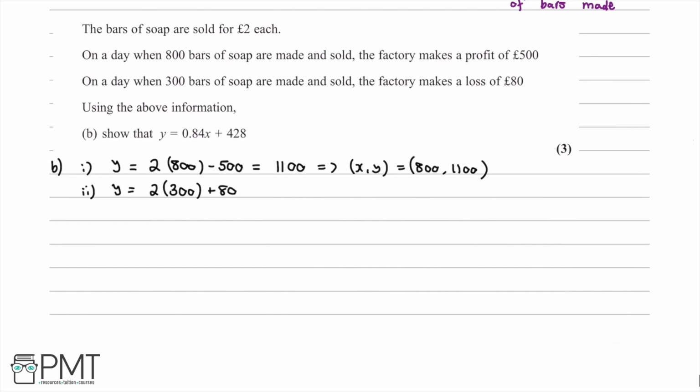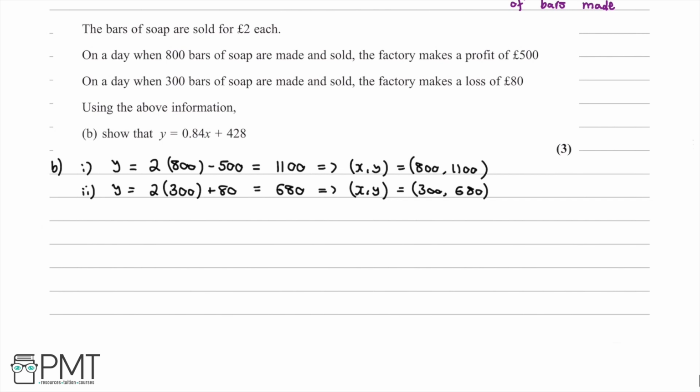So that's 2 lots of 300 plus 80, and putting this into our calculator, this comes out as 680. So likewise, we can say that the coordinates x, y are going to be 300 and then 680 for the y coordinate.